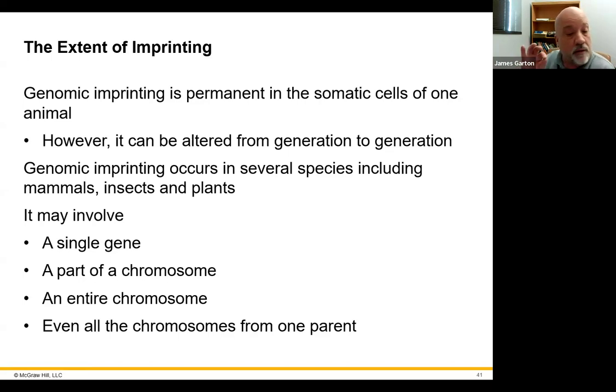The imprinting might involve a single gene, a part of the chromosome, an entire chromosome, or all of the chromosomes that you get from one parent or the other. And so the extent could be anything.